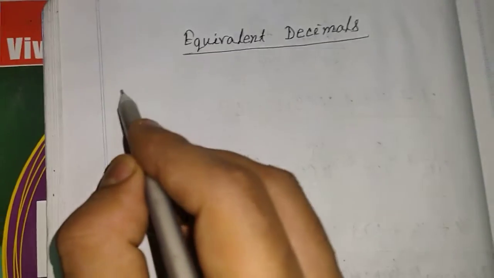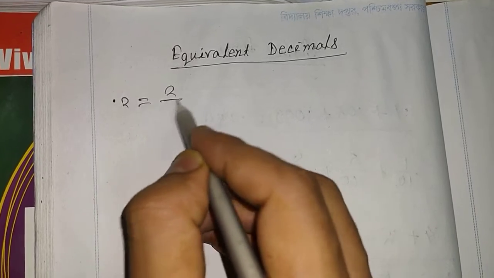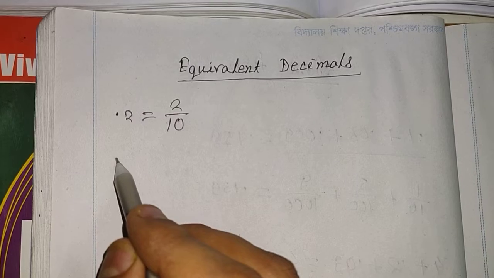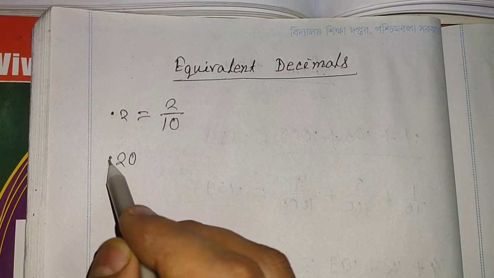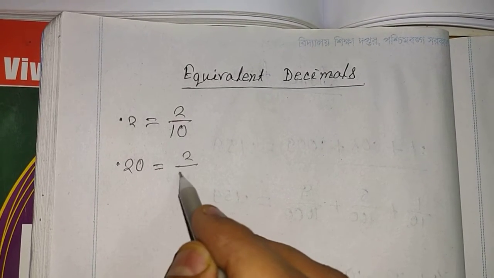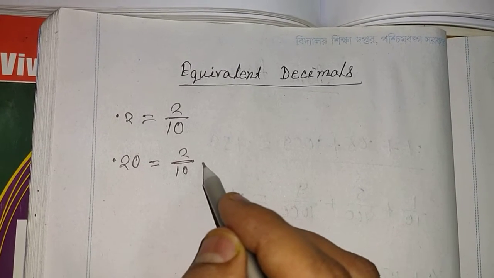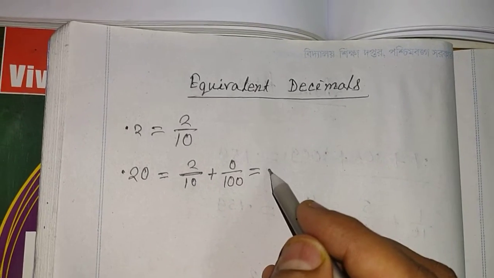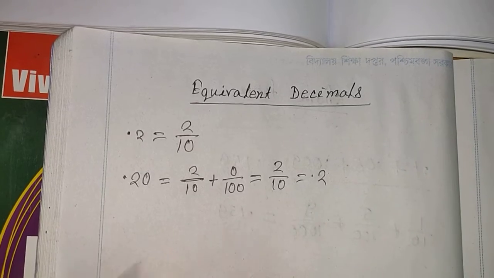I take 0.2, that means 2/10. If we add a 0 after 2, the expanded form of this fraction is 2/10 plus 0/100. That is equivalent to 2/10, that is 0.2.